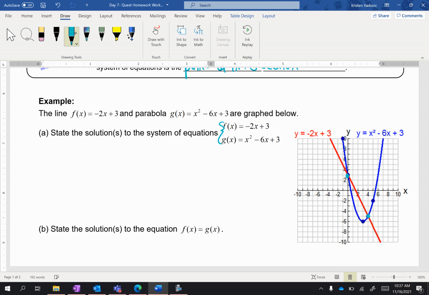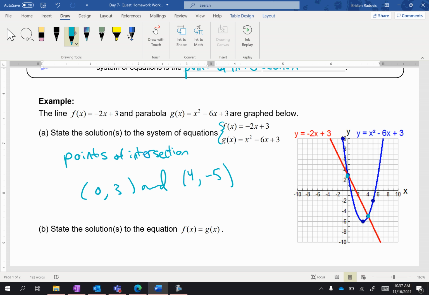So our specific solutions are going to be 0, 3 and 4, -5, because that's where they intersect.